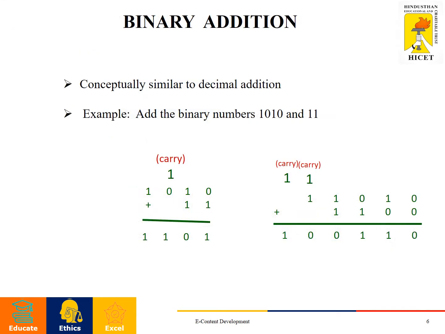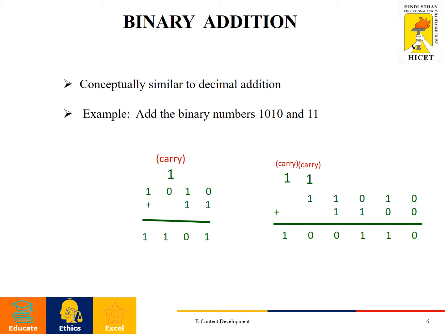And coming to the next topic, binary addition. It is similar to decimal addition. As we know, binary consists of two numbers, namely 0 and 1. Now we can see an example of adding two binary numbers, 1010 and 11.